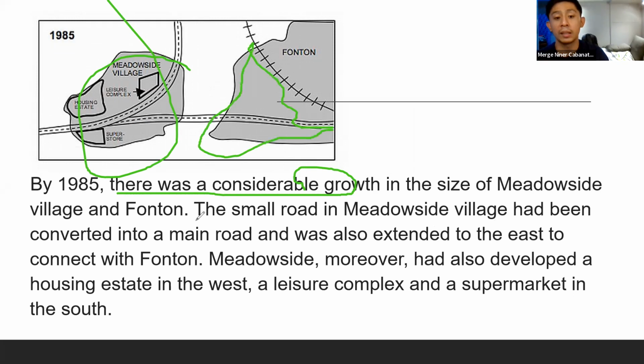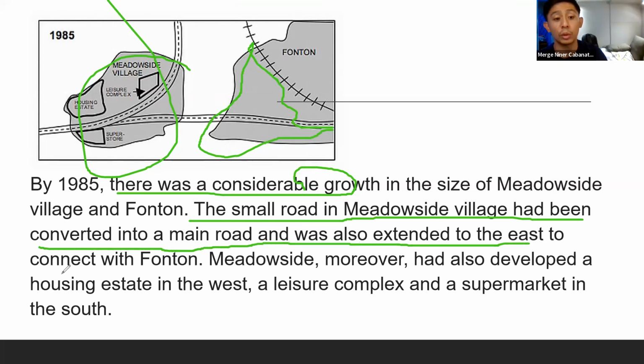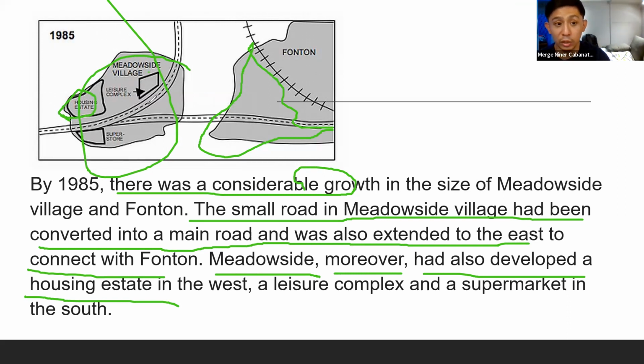The small road in Meadowside Village had been converted into a main road and was also extended to the east to connect with Fontan. Meadowside, moreover, had also developed a housing estate in the west. This is your housing estate, a leisure complex, and a supermarket in the south. Okay, so this is your leisure complex. This is your supermarket, superstore, indicated.